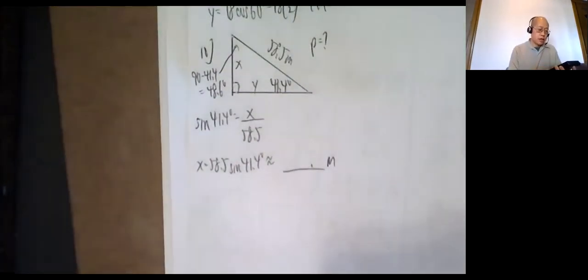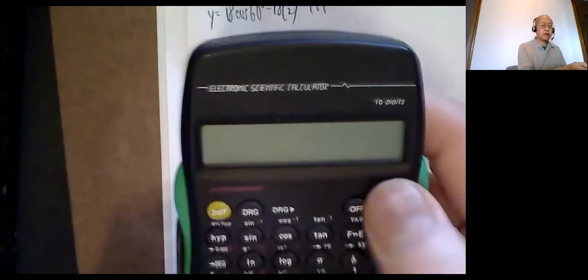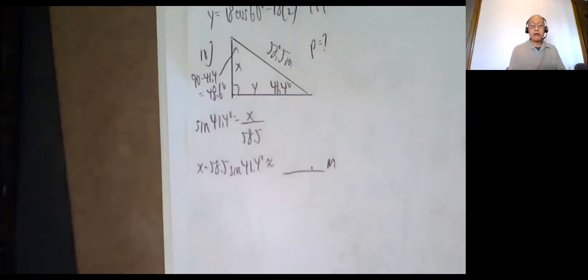Okay. And again, make sure you're in degree mode, not radian mode. I'll double check again. My calculator has radian and degree. Okay, I want to be in degree mode. Again, on this calculator, the DRG thing, if I turn it back on, just look up there, it says degree. All right, so what am I doing? 58.5 times the sine of 41.4.